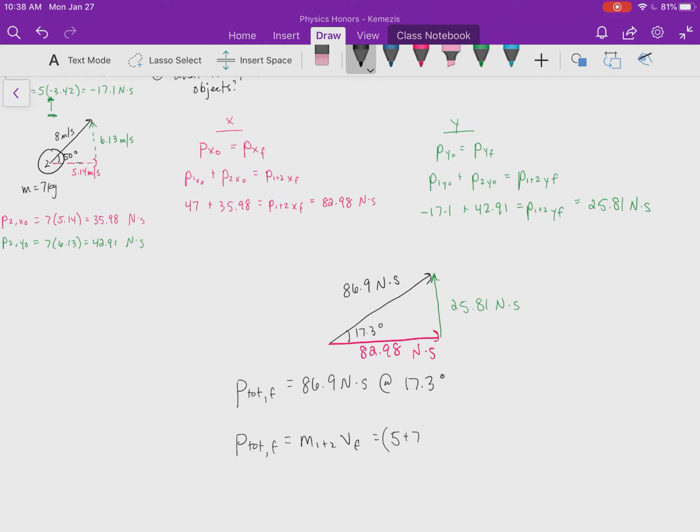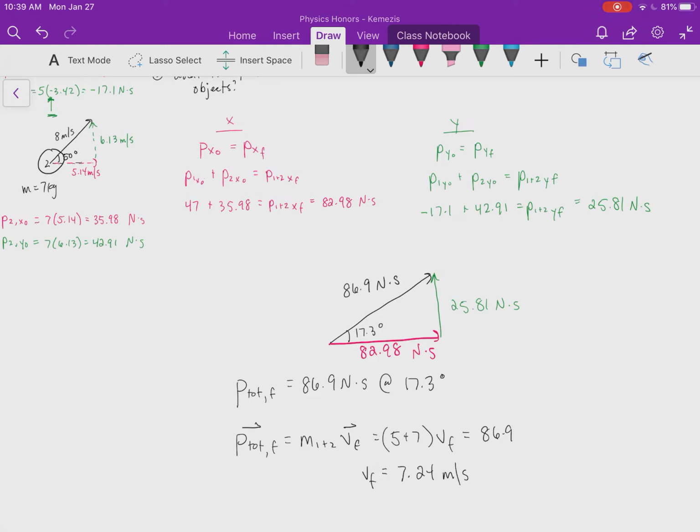And the mass of these two objects is going to be 5 plus 7 times VF, and that's equal to this 86.9 that we got. 86.9 divided by 12, we get a VF equal to 7.24 meters per second.